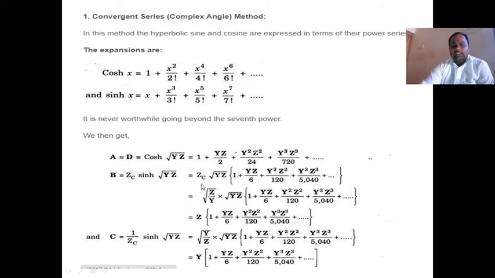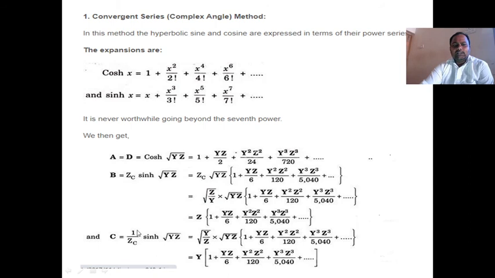Zc is nothing but root z by y, as we discussed in the previous session on characteristic impedance. Multiplying, we get B equal to z of 1 plus yz by 6 plus y squared z squared by 120 plus y cubed z cubed by 5040 plus and so on.